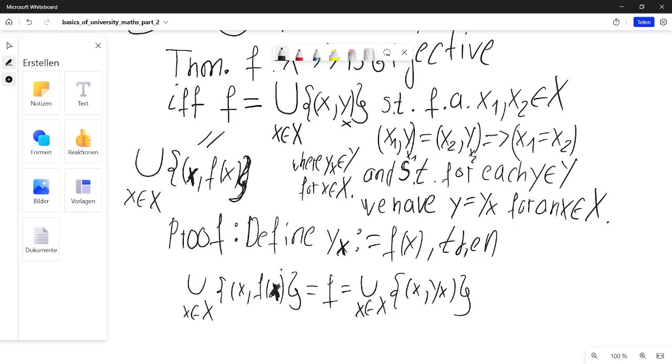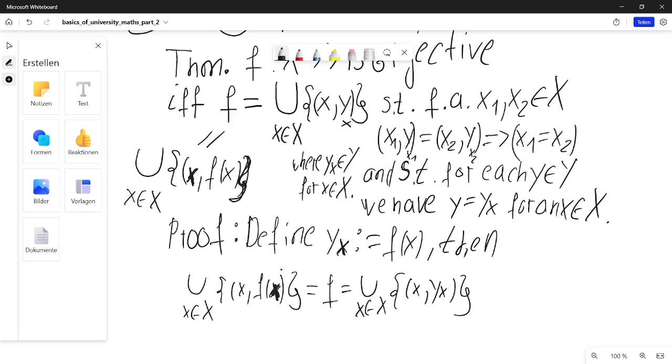Now we have to show bijectivity. Clearly we think it's surjective because if we have that for an x in X, then f of x is equal to y_x is equal to y, right?